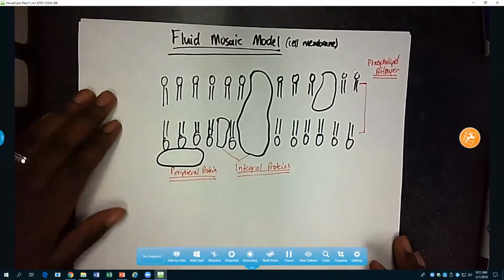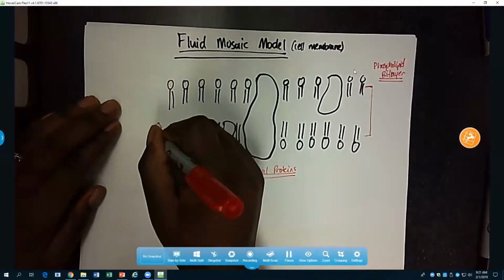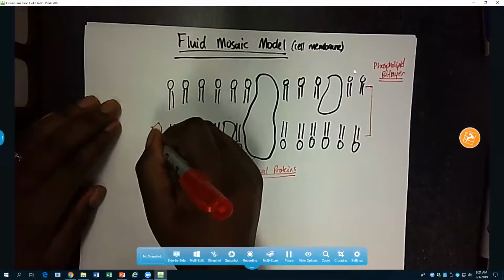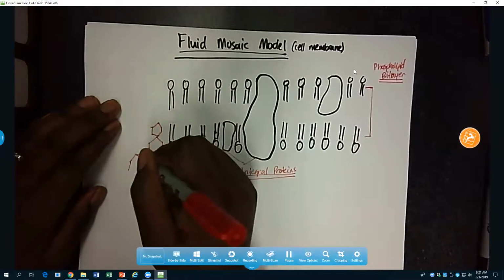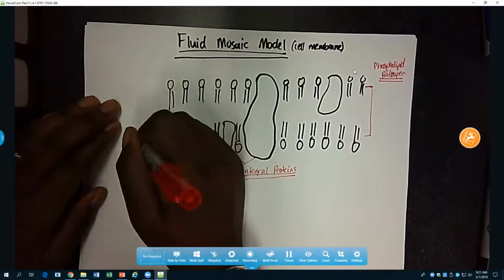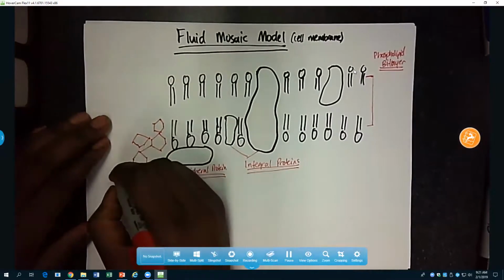We also have the presence of cholesterol here. What type of biomolecule is cholesterol? Anyone? What type of biomolecule is cholesterol? It's a lipid, perfect. Okay, we'll talk about cholesterol here.